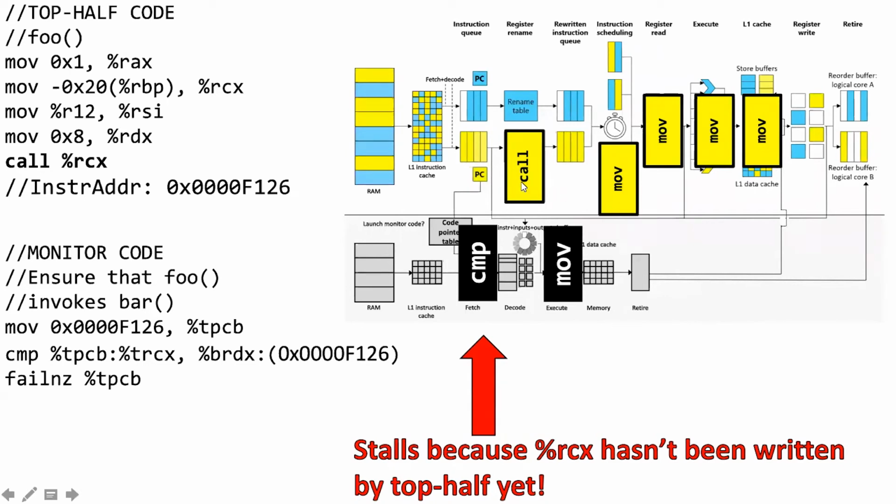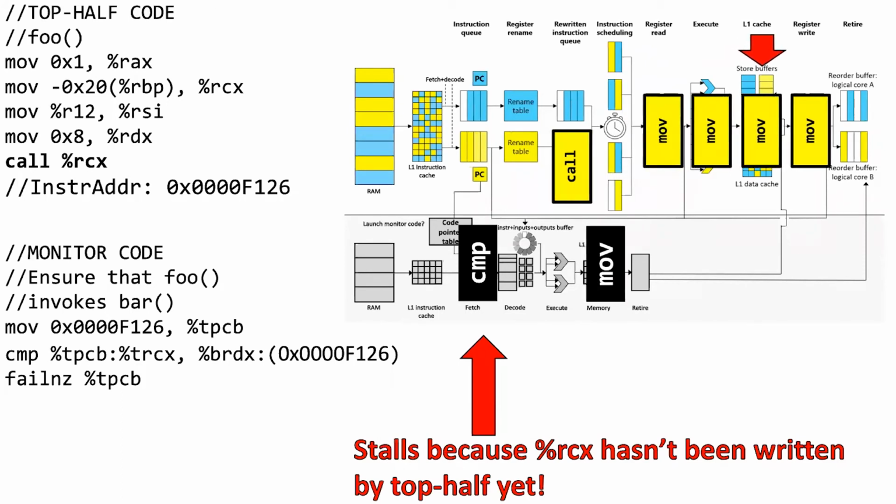That is because both of these instructions depend on the updated RCX value, which is currently being executed in the second move instruction. In the next cycle, the move instruction will be executed and the RCX value will be updated. In the next cycle, the call instruction moves forward, but the compare instruction stays where it is.